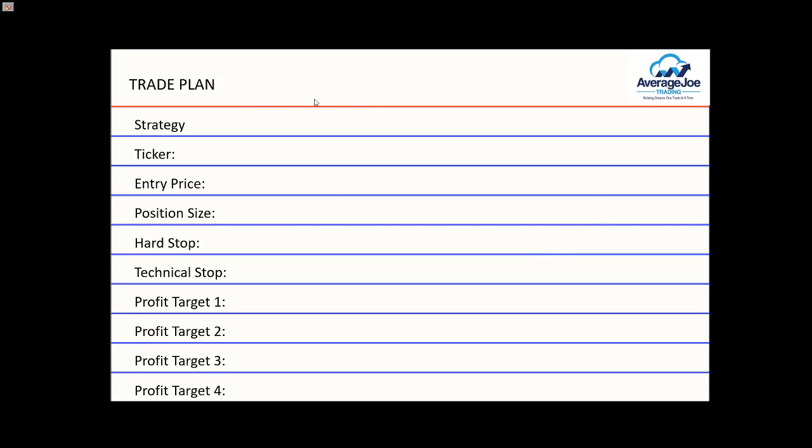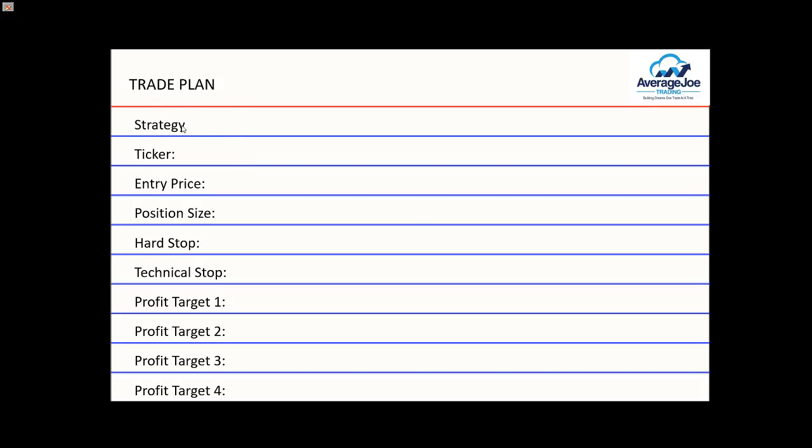All right, so this is the card that I shared with everybody, the trade plan. You could make your own card, your own cheat sheet, whatever the case is. Before you take a trade, and I know this takes time, but as you practice it, it's going to be second nature, because some of this you can do prior to the market even opening if you're trading the open.